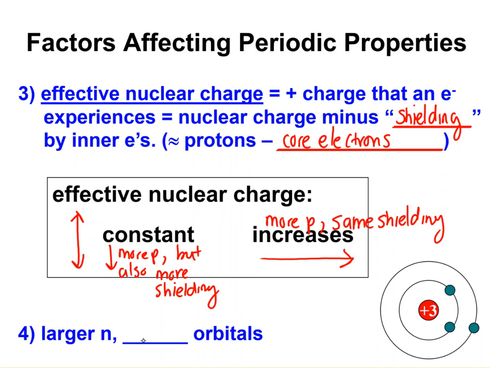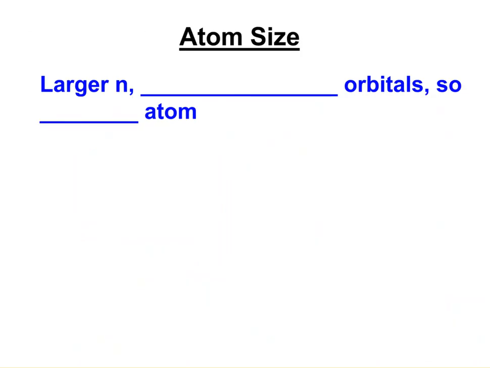Also, another factor that we're going to use to explain things, and we already know this: the higher the energy level, the larger the orbitals are. So when it comes to atom size, more energy levels means more orbitals, but they're also larger.